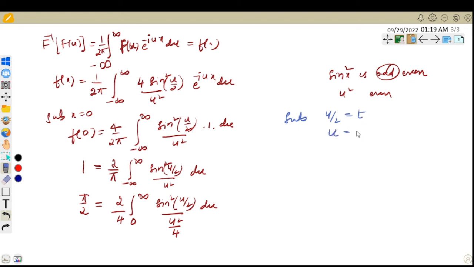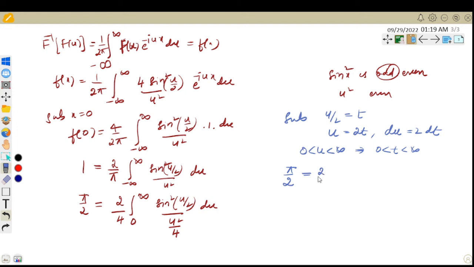Then u becomes 2t, and differentiating you will get du is equal to 2 dt. And the limits also vary: since u lies between 0 to infinity, t lies between 0 to infinity. Therefore, the left side is pi by 2, keep it as it is.